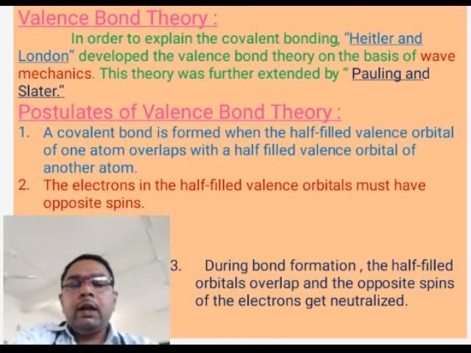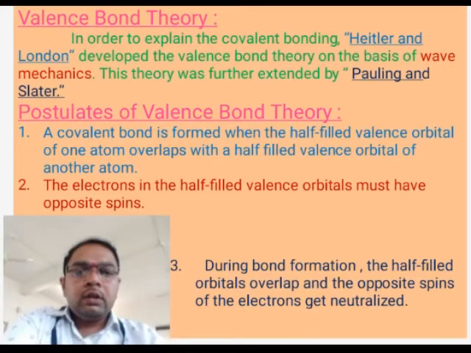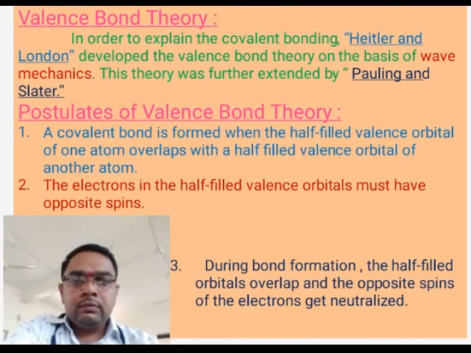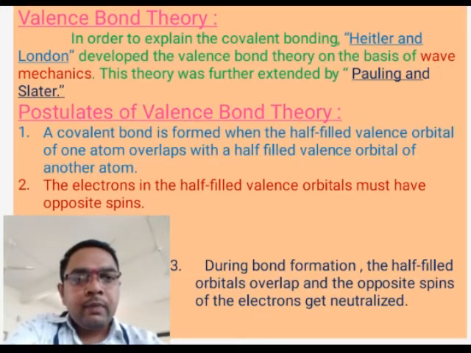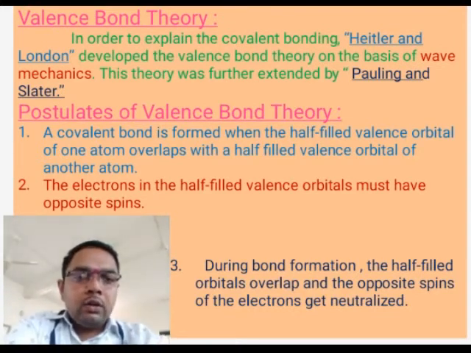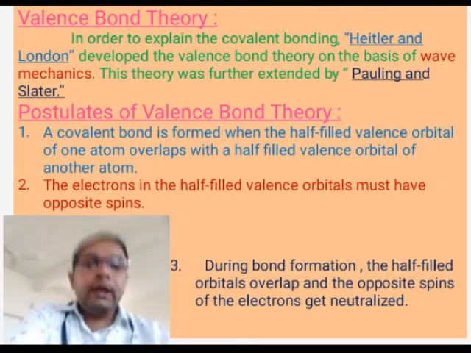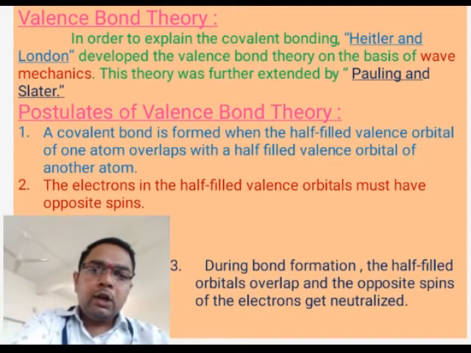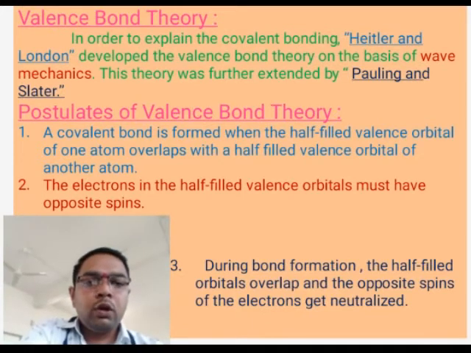Because they overlap with opposite spin, they neutralize their spin. During the overlap of half-filled orbitals, the opposite spins of the electrons get neutralized. In the upward direction, electrons have positive spin, and in the downward direction, electrons have negative spin; both get cancelled and it forms a stable covalent bond.